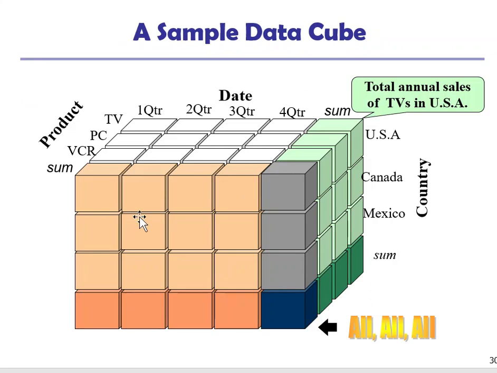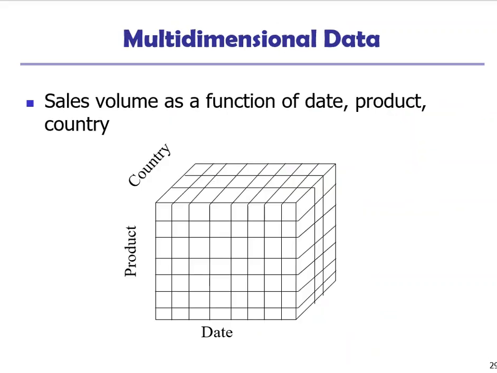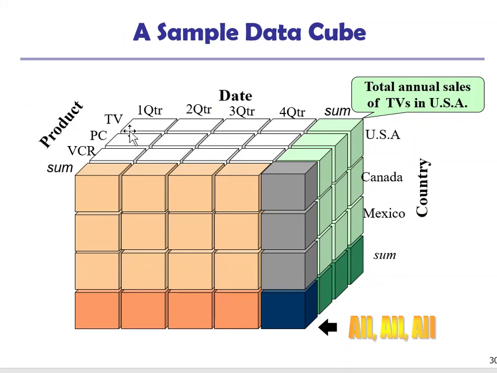The white part is the cube here, okay? And through different array manipulation methods, we can compute the sums, the totals along those different dimensions, combinations of different dimensions.